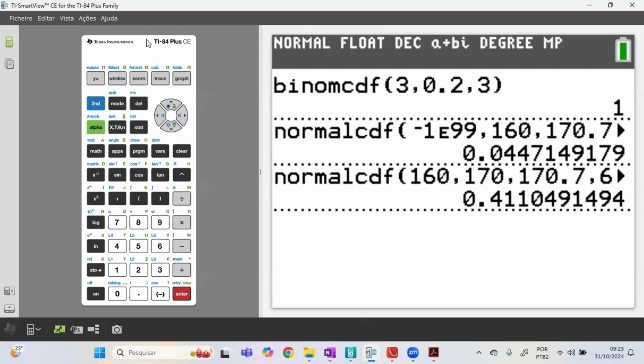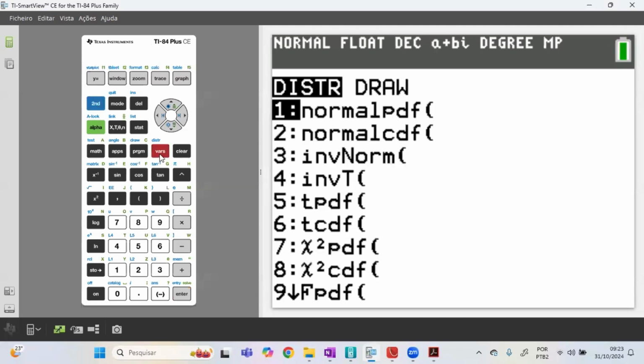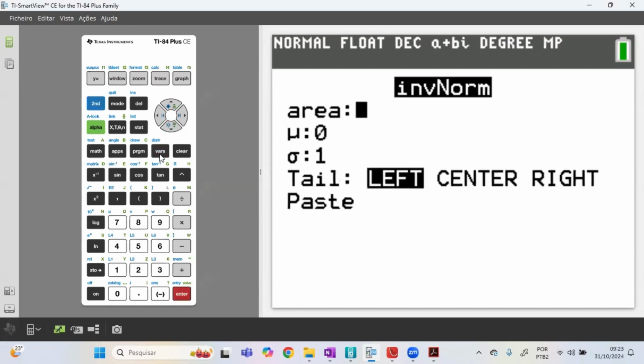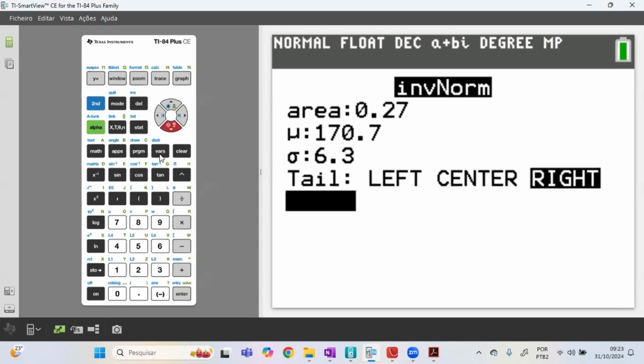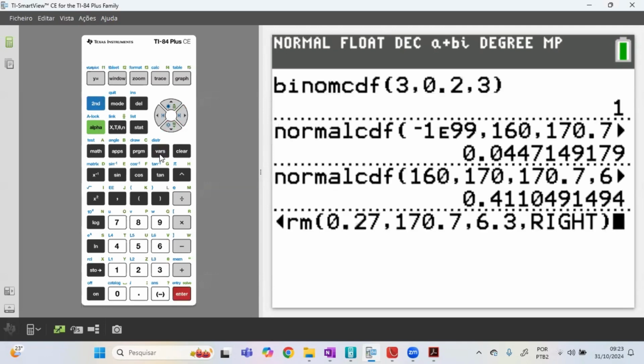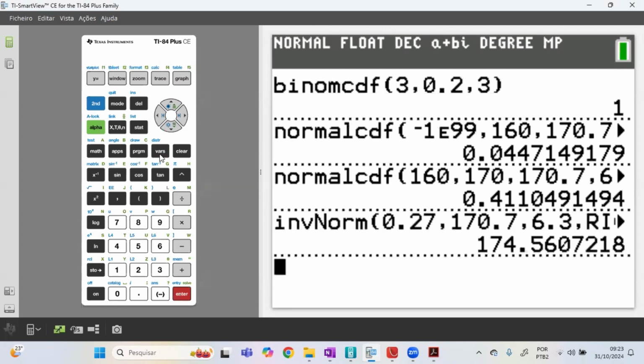Going to the Texas calculator TI-84, we go to distribution, and then we use inverse normal. The area 0.27 with a mean of 170.7, standard deviation 6.3. Tail right, because the area is to the right of the value. And then we paste, and this value is 174.56.